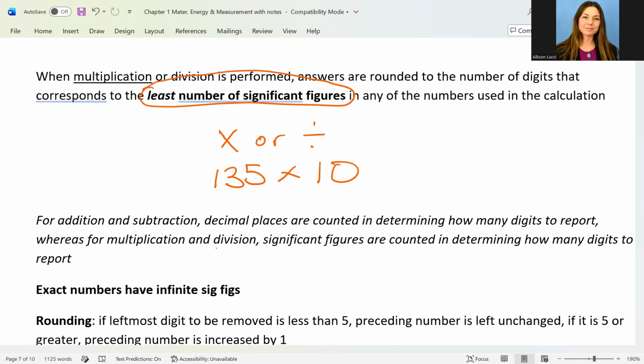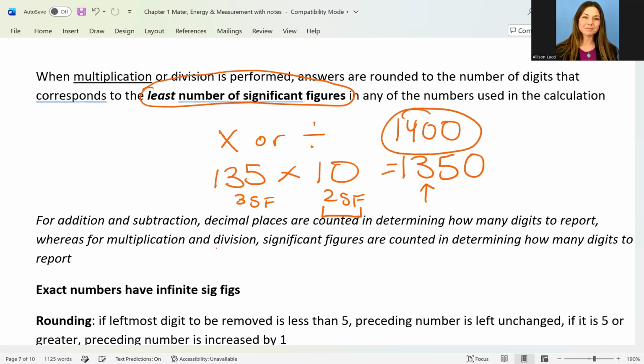We can see that there's only 2 sig figs in one number and 3 in the other. When I multiply this, I get 4 digits, but I'm going to end up with only 2 sig figs. So if I wanted to round my answer to the correct number of sig figs, whatever this unit may be, I'm going to have 1,400. So it's the least number of significant figures with both multiplication and division.